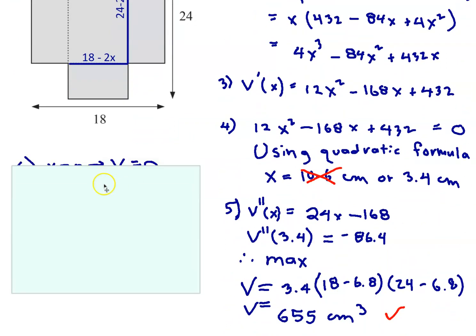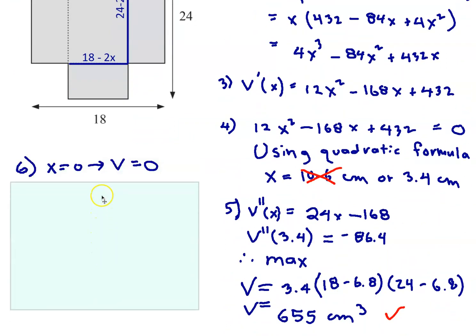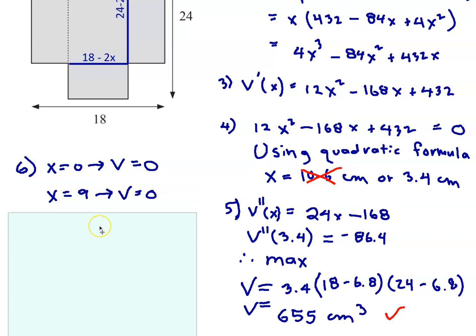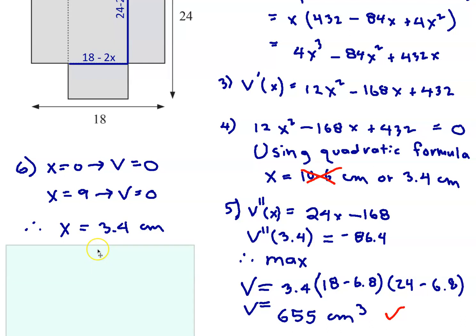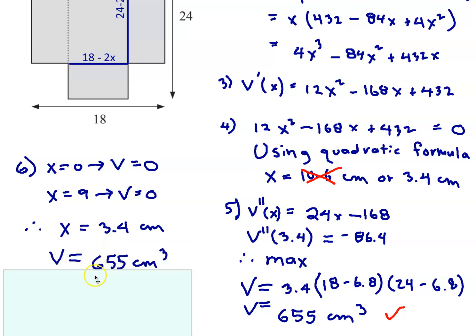So if x is 0, you've got no volume, and if x is 9, you've got no volume. And therefore, 3.4 is the maximum size of the side of the square that we cut out. And that is the final answer.